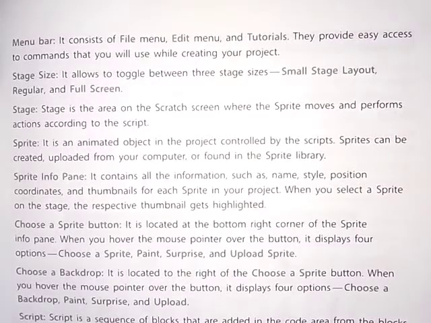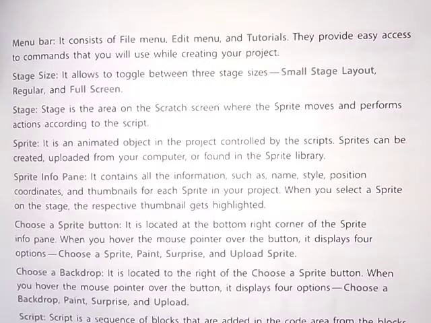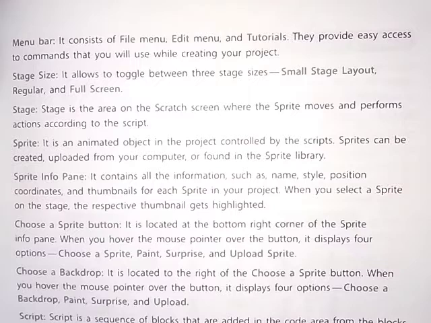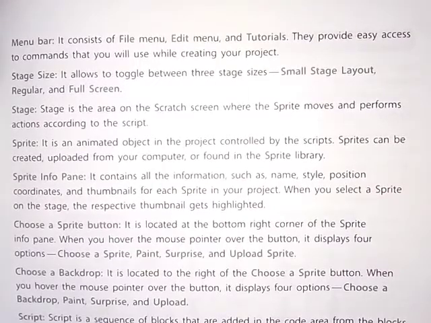Sprite info pane. It contains all the information such as name, style, position, coordinates and thumbnails for each sprite in your project. When you select a sprite on the stage, the respective thumbnail gets highlighted.